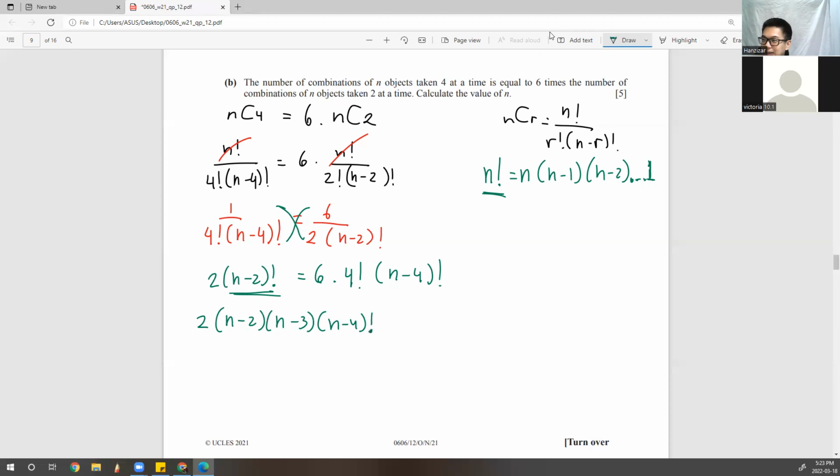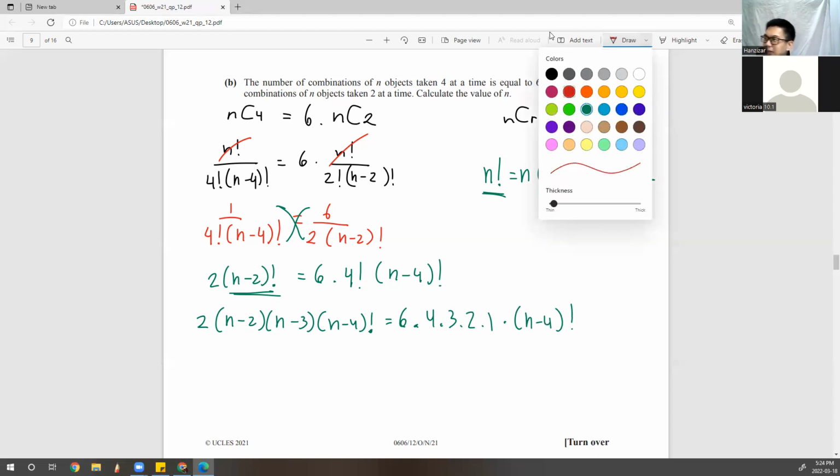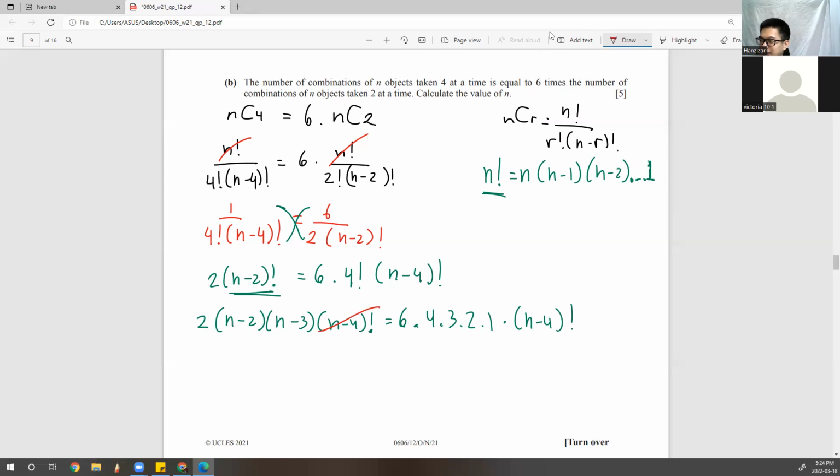Because it has the same condition on the right side. 6 times 4 times 3 times 2 times 1 times n minus 4 factorials. So this will be easy when you cross out the n minus 4 factorials, and you can cross the 2 as well, right? So you can get n squared minus 5n and just open the bracket. This is a regular expression of quadratic equations equals 6 times 3, right?